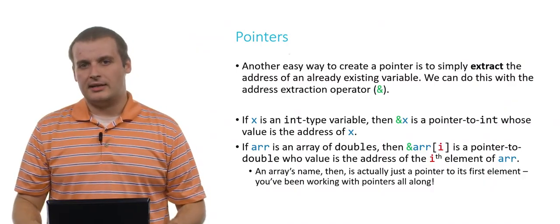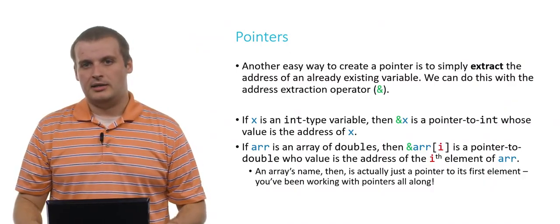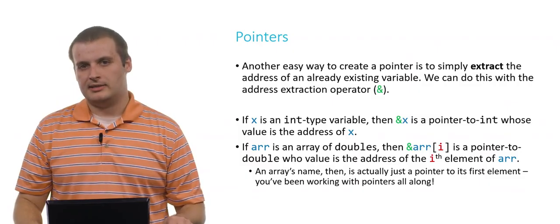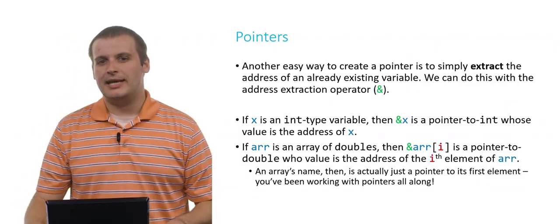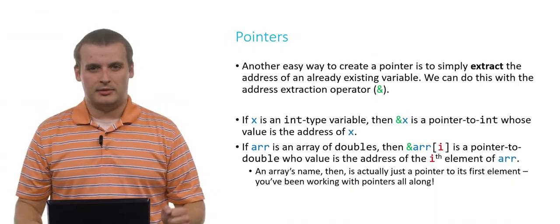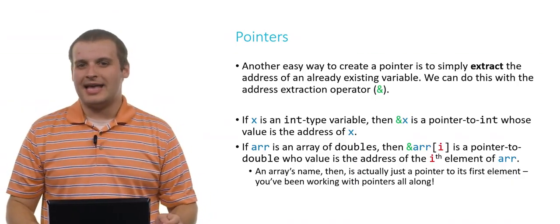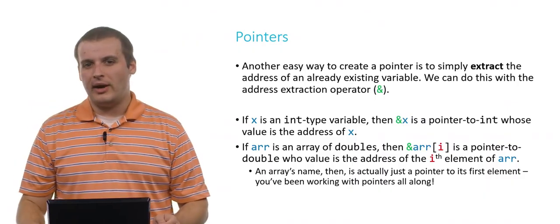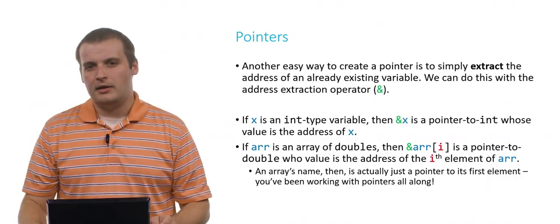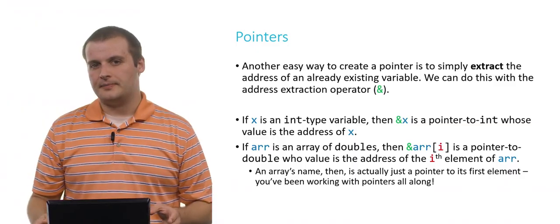And &arr[i] is where in memory the ith element of arr exists. So what's the implication here? The implication of this whole thing is that an array's name is actually itself a pointer. You've been working with pointers all along every time that you've used an array.